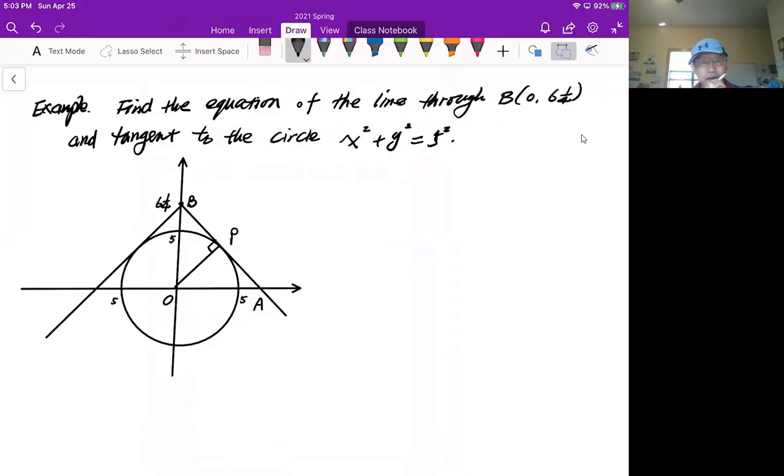So let's see. How do I get the point P? I need to find the point P here, right? So I know that P(x, y) should satisfy the following two equations. One equation is y equals kx plus 6 and 1/4.